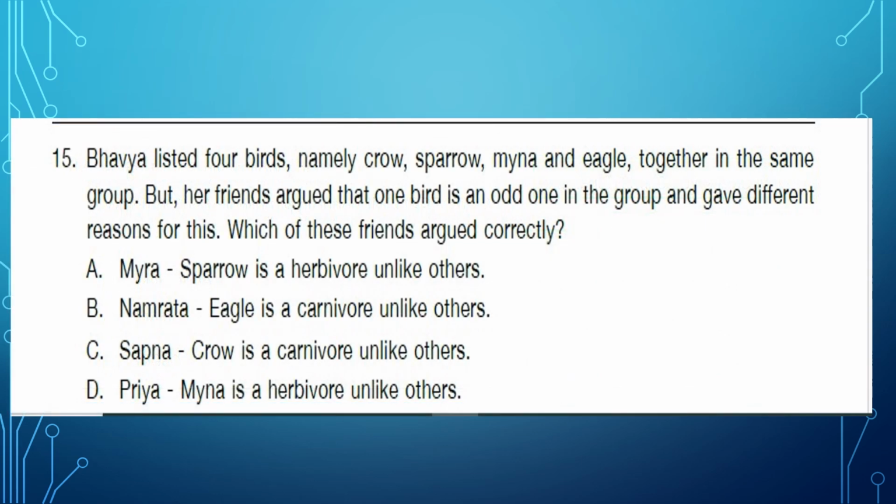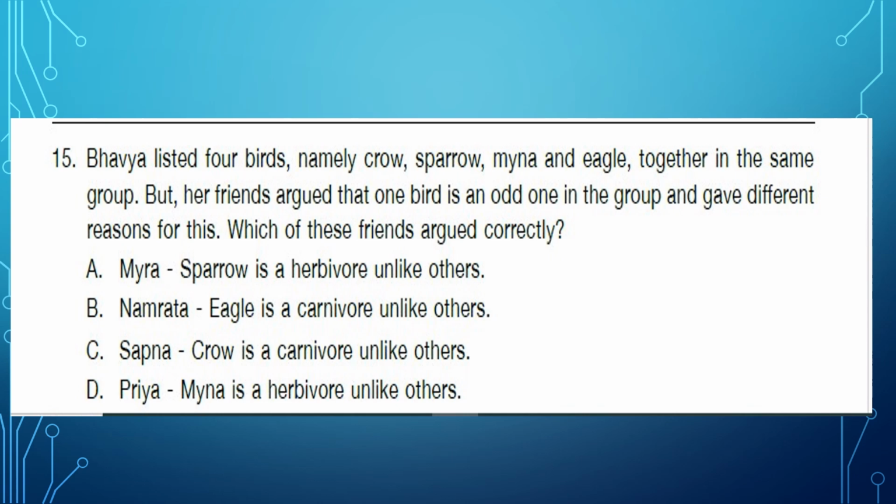Question number 15. Bhavya listed four birds, namely crow, sparrow, myna and eagle, together in the same group. But her friends argued that one bird is an odd one in the group and gave different reasons for this. Which of these friends argued correctly? Option A. Myra.